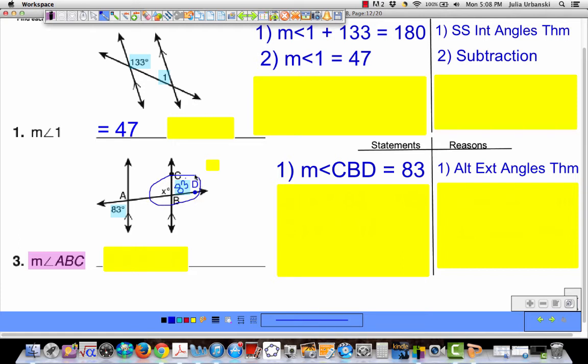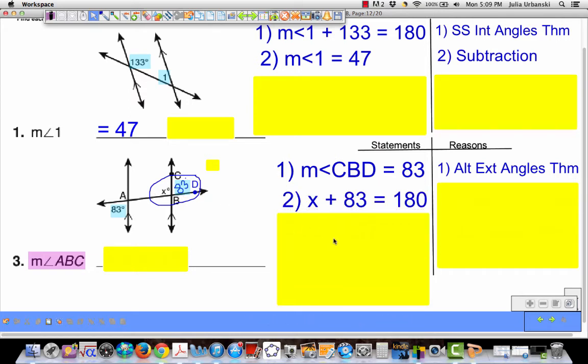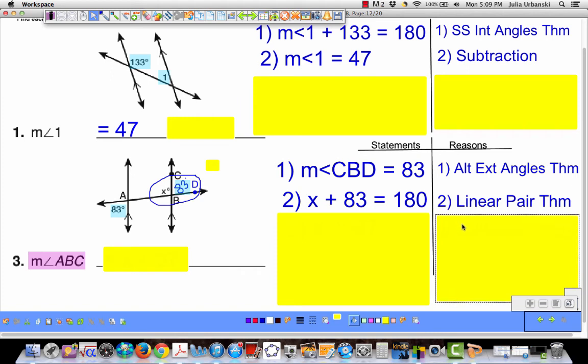Can you see it? Those two angles are right next to each other and they form a straight line. That means that x plus 83 equals 180 degrees. They form a straight line right there, and that comes from the linear pair theorem.